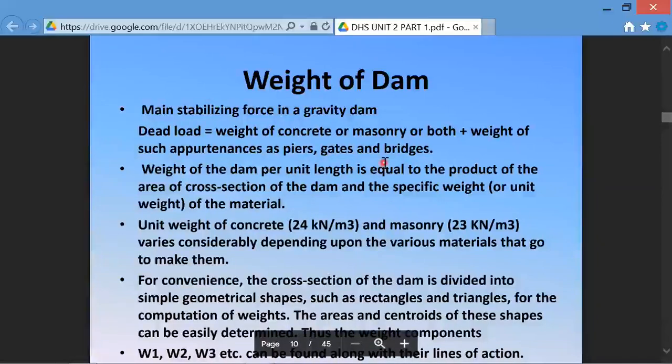So the first force is nothing but the weight of the dam. Weight of the gravity dam is the main stabilizing force. It is nothing but a dead load.